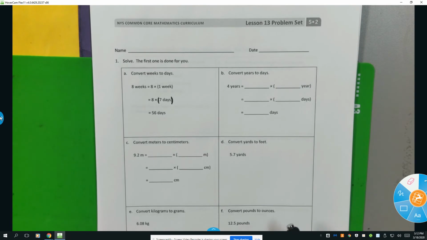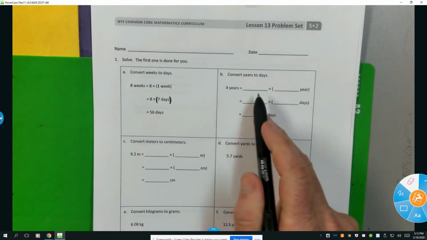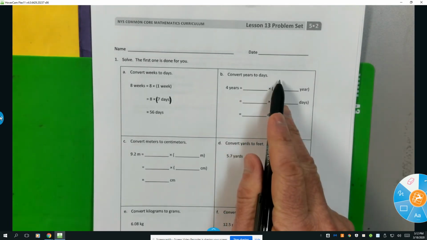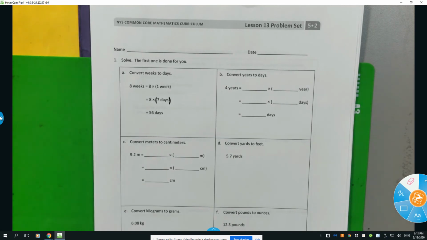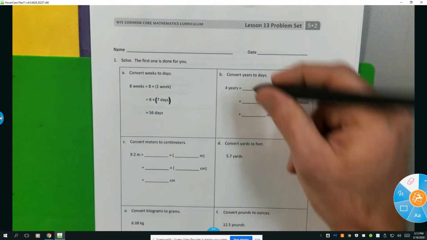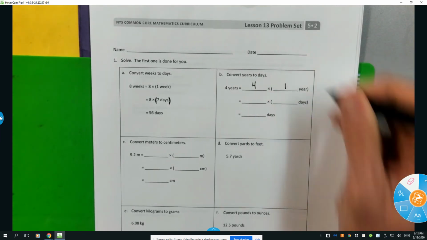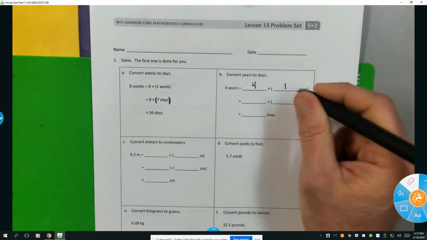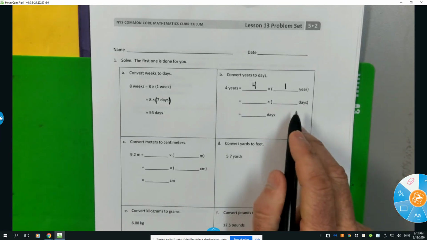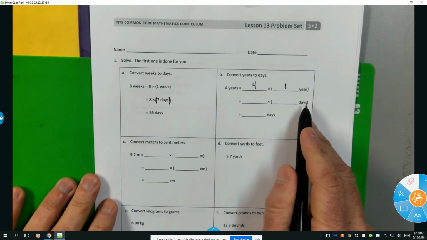Okay, so piece of paper, we are converting years to days. Okay, so we have 4 years is the same as 4 times 1 year. So now we've got to know how many days are in a year.